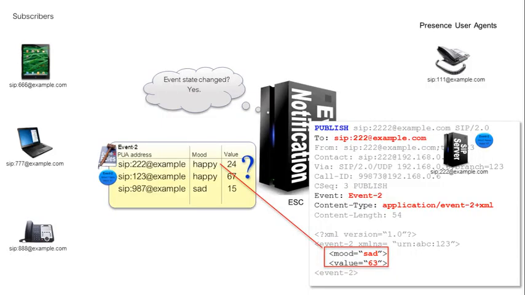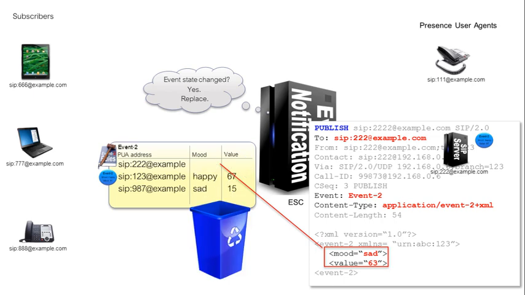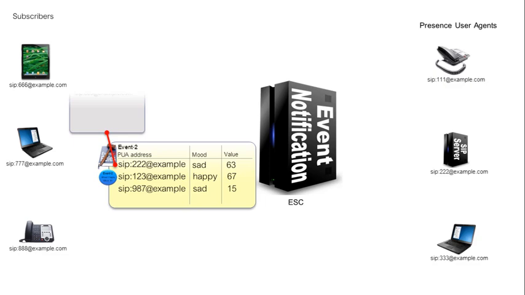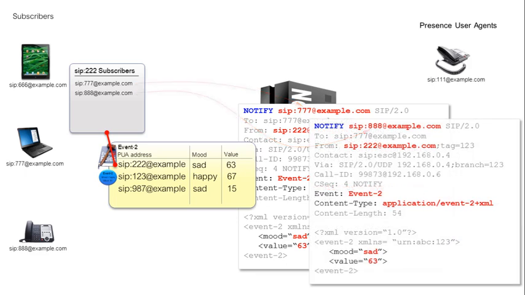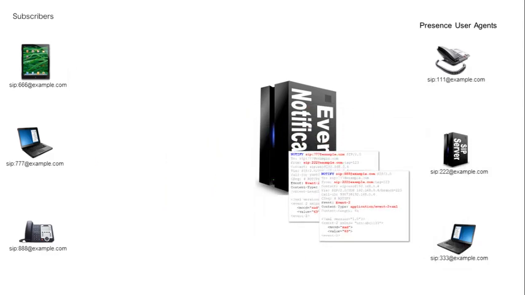If different, it replaces the old status with the new status. It then looks up all of SIP 222's subscribers and for each one creates a SIP notify request, including the recently published event status, before then sending the notifies to each subscriber.